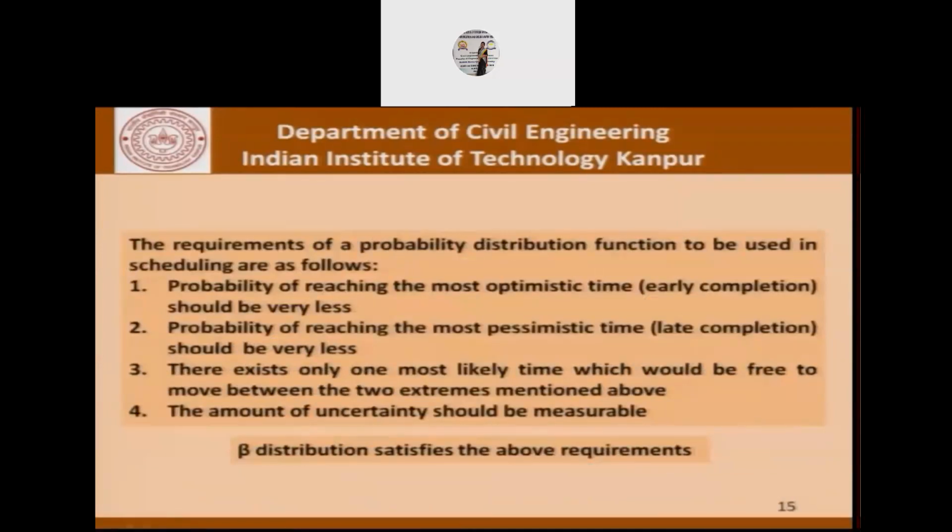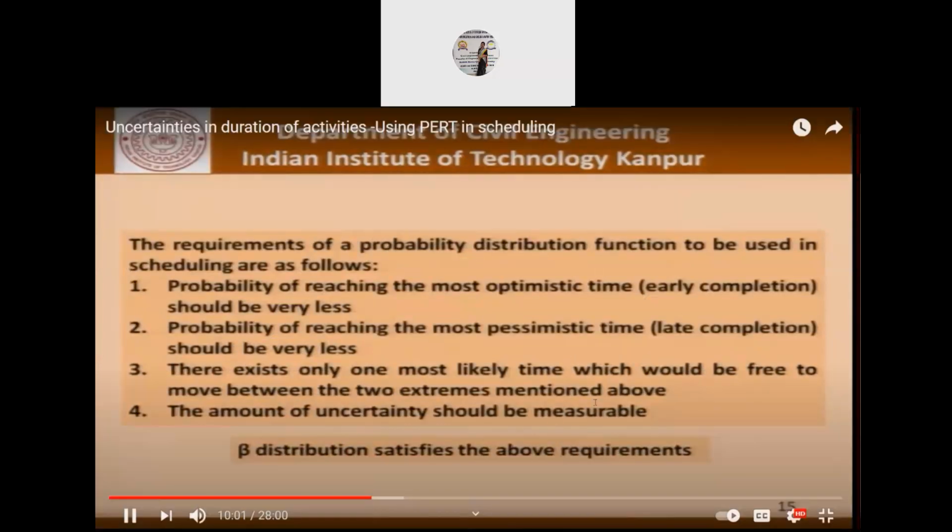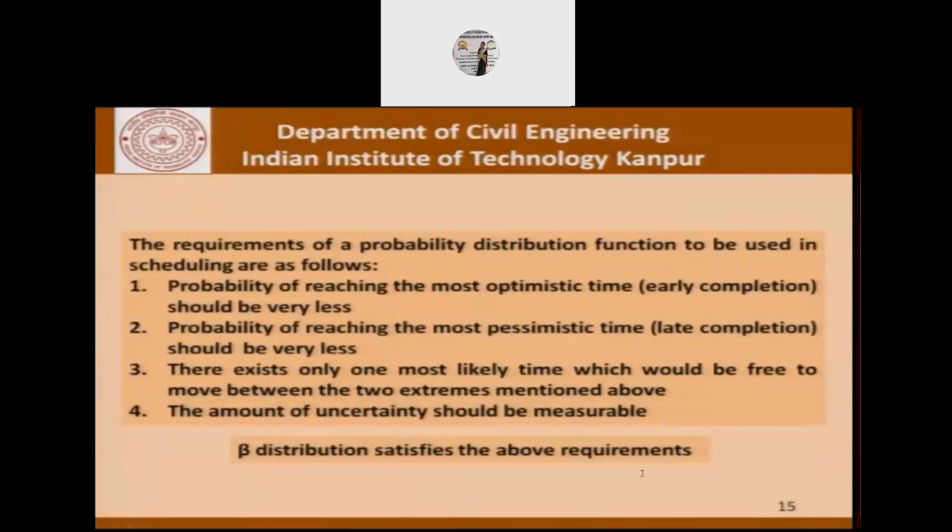So now, what are the requirements that we need to impose in determining or finding the kind of distribution that helps us say that, yes, this is what really meets our requirements? The probability of reaching the most optimistic time, which is early completion, should be very less. So this is a situation where we become lucky and we are able to achieve the target very quickly.